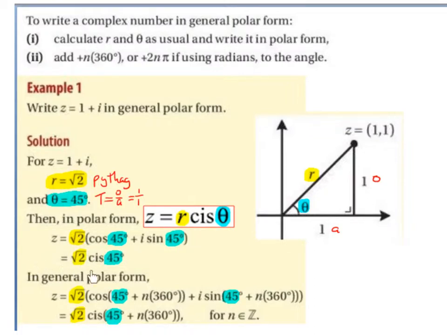So in general polar form, z is equal to root 2 times cos of 45 degrees plus n times 360 degrees plus i sine of 45 degrees plus n times 360 degrees, for n an element of the integer set.